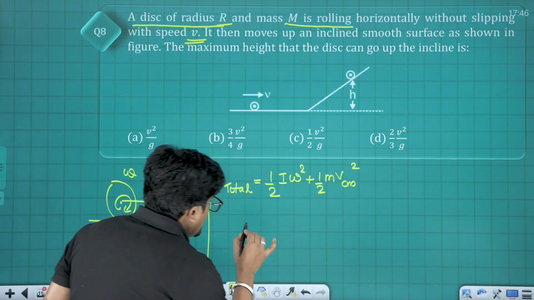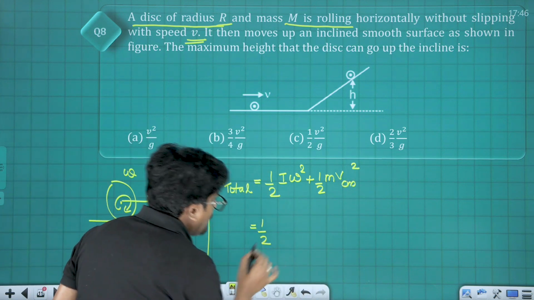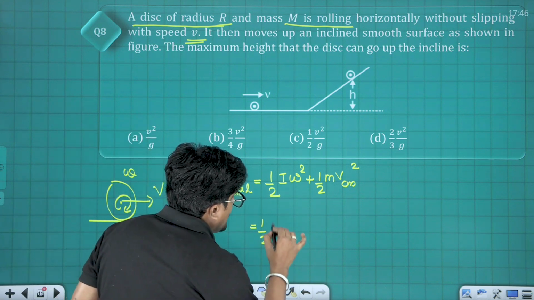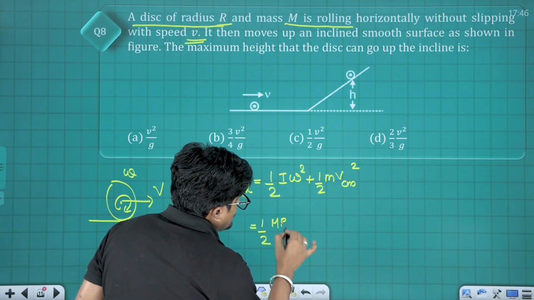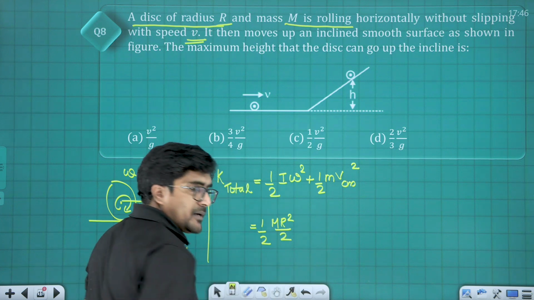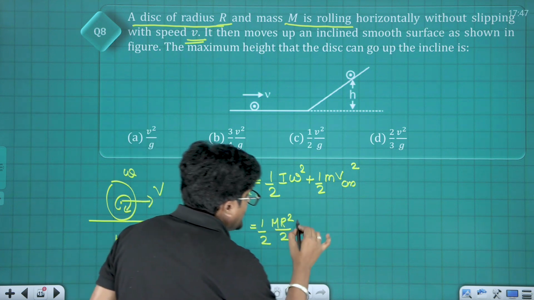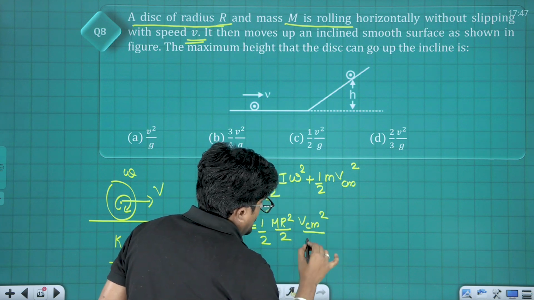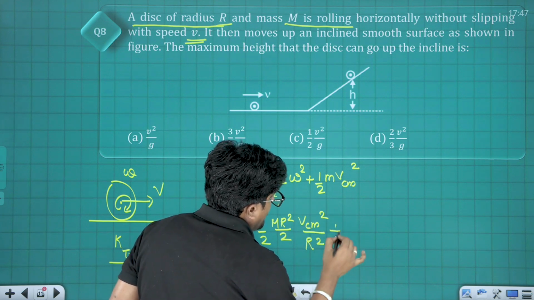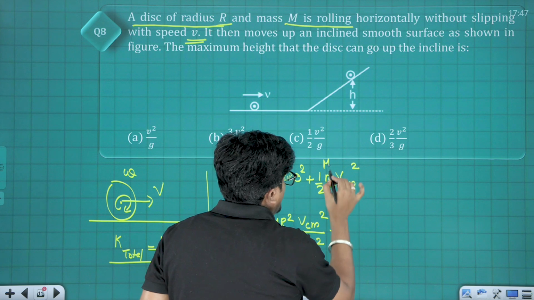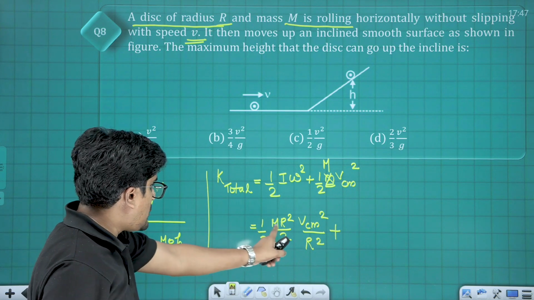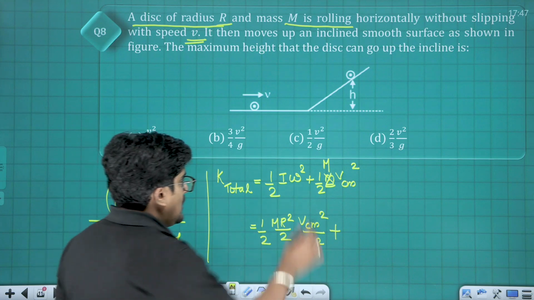Okay, that is going to be half of, this is a disk, that means the moment of inertia is M r square by 2. Omega square can be written as V CM square upon r square, plus, please consider this as capital M, because I wrote capital M here, so I want to repeat that term only.